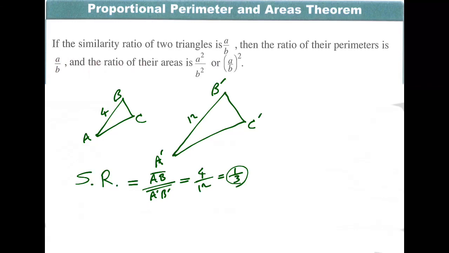Moreover, if I find the area of this triangle, and if I find the area of this other triangle, and if I divide these two numbers, the answer is the square of this number, right? That's what it says here, A over B squared. So let me write down here, perimeter ratio.